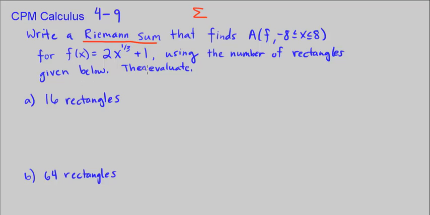So remember that the area we can know using Riemann sums is just equal to the base times the height for every rectangle that we're going to use to estimate it.